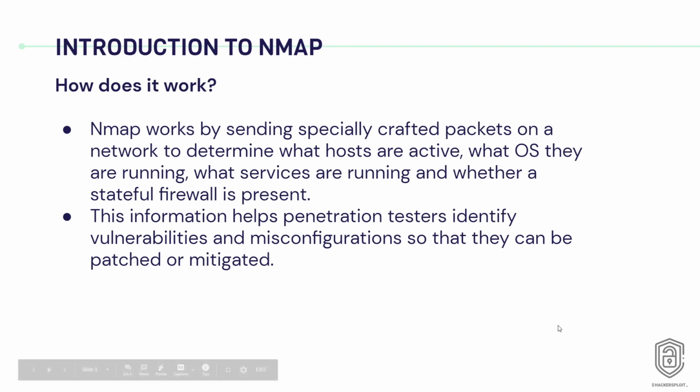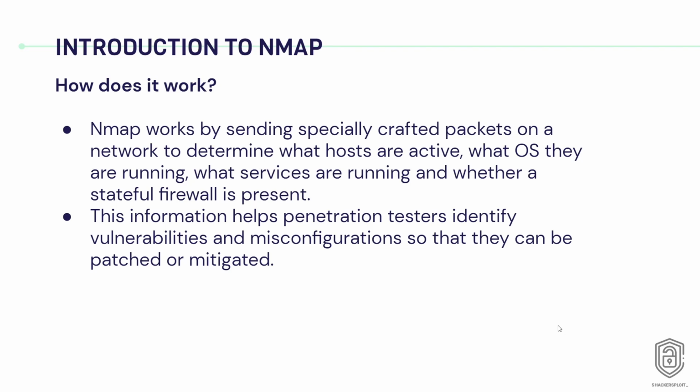Now, in regards to how it works, nmap works by sending specially crafted packets onto a network, and it then uses the responses from the host on the target to determine what hosts are active, what operating systems they're running, what services are running, and whether a stateful firewall is present. So a quick analogy that will help you understand this is by simply saying hello to a room. And of course, based on the responses, you're able to deduce whether someone is there or isn't there.